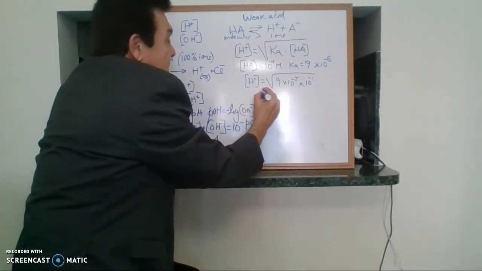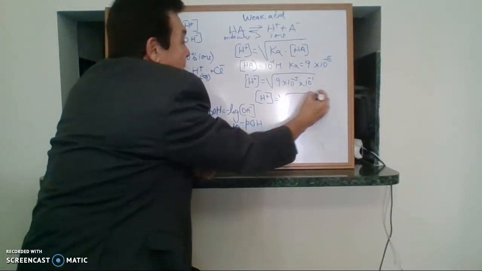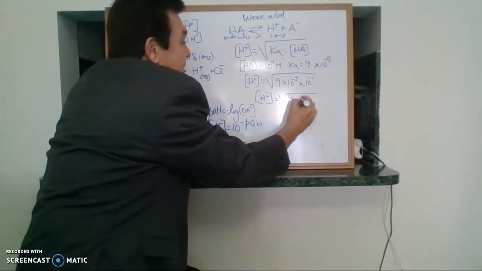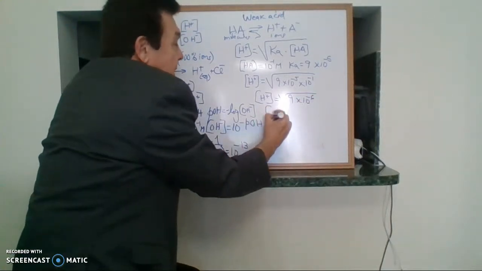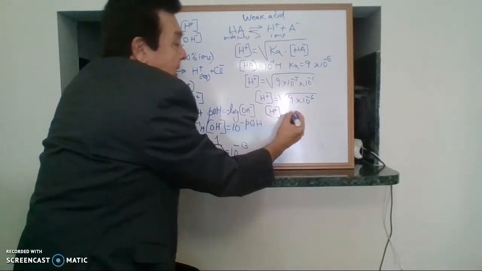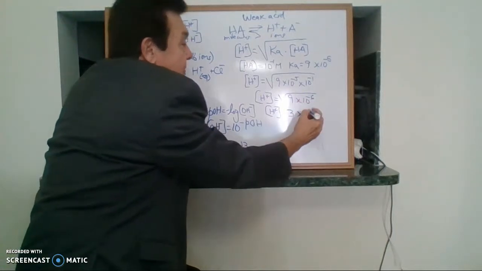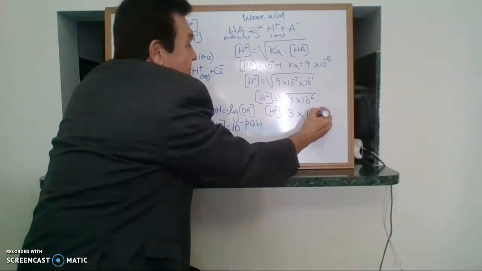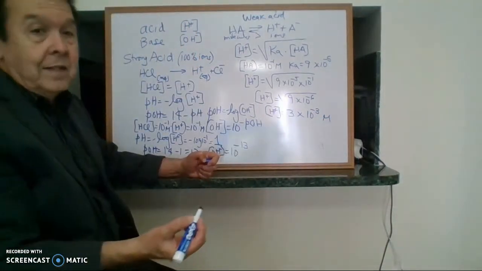In other words, the concentration of the hydrogen ion will be the square root of 9 times 10 to minus 6. Of course, the square root of 9 is 3, and the square root of 10 to minus 6 is 10 to minus 3. This is the concentration of the hydrogen ion.